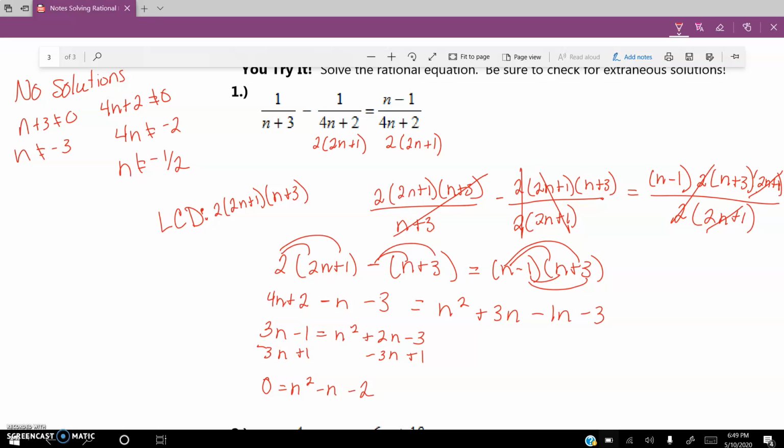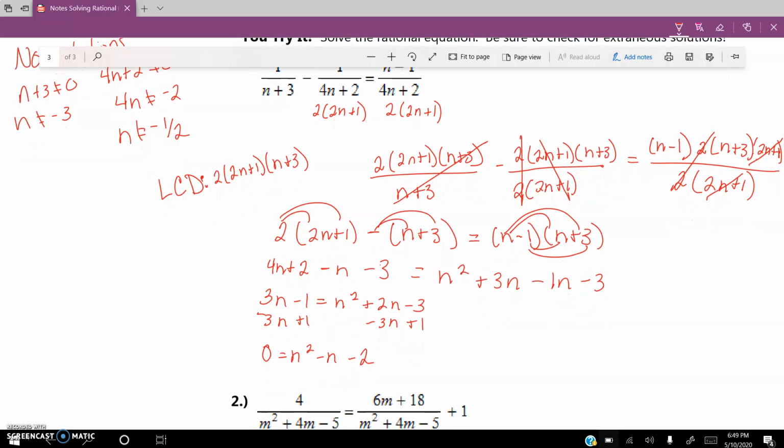Okay, now don't forget, when we have a trinomial equal to 0, we still have to factor to solve. So I need to factor. They both get an n. Negative 2 times a positive 1 gives me negative 2, but adds to my negative 1.